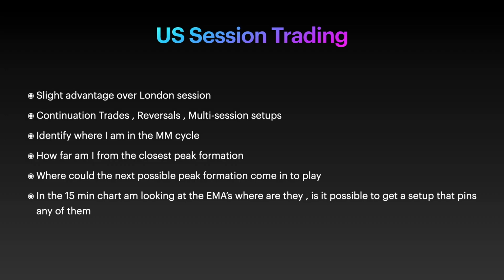Okay? Another thing is on reversals. When you have reversals, you're going to most likely take profit at the 50 as well. So the 50 is going to play a much bigger role in the US session than it would typically in the London session. Okay? So keep all that in mind.